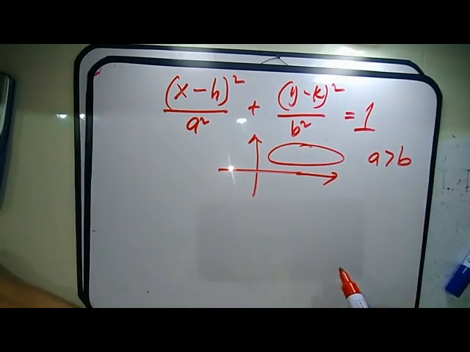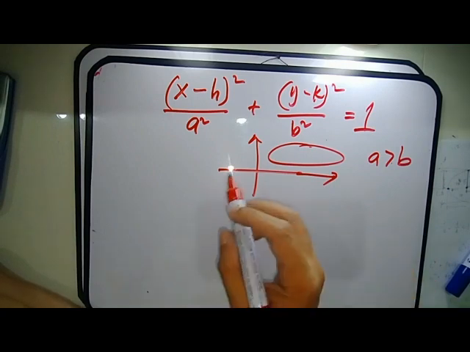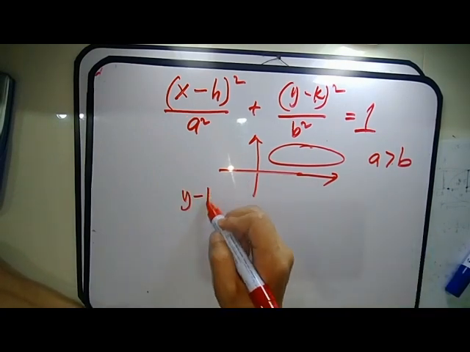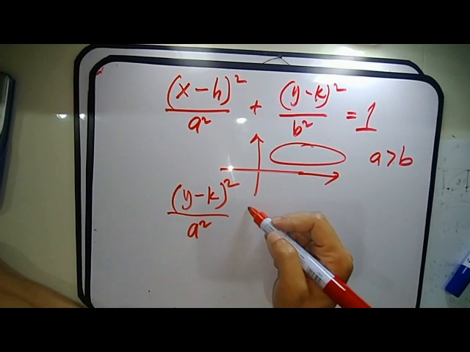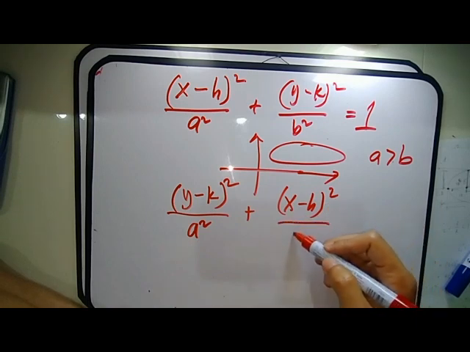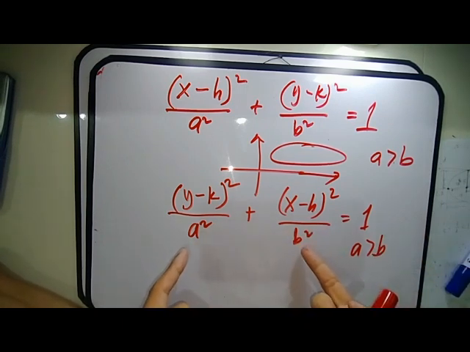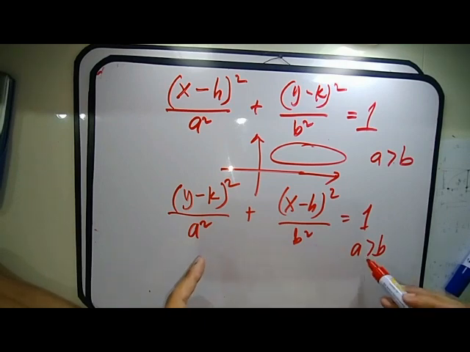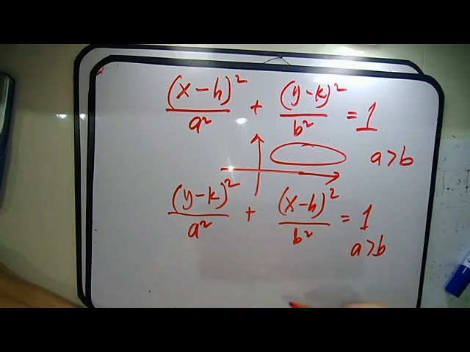Now, what if the denominator of y is the higher one? You have (y minus k) squared over a squared plus (x minus h) squared over b squared equals 1. And here, of course, a is greater than b. We just swapped them so that a is always greater than b, because in the figure, a is really greater than b.